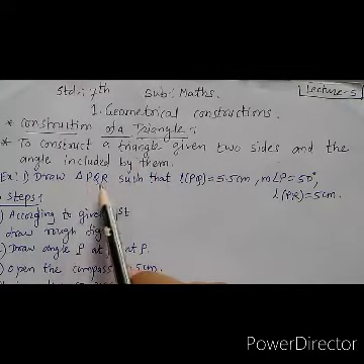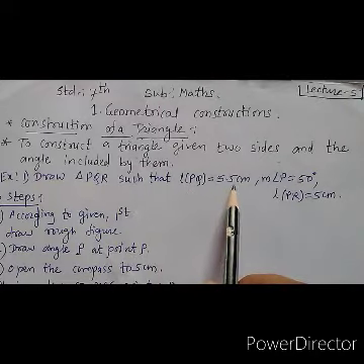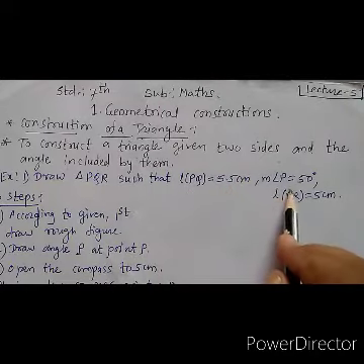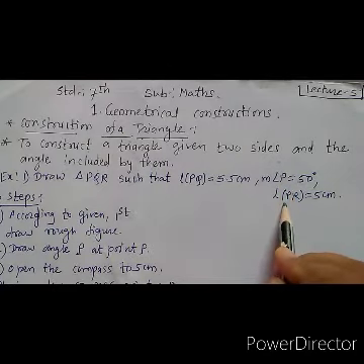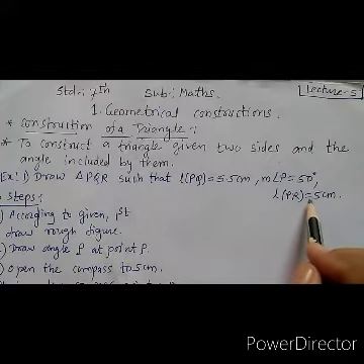Draw triangle PQR such that the length of PQ is equal to 5.5 centimeter, the measure of angle P is equal to 50 degree, and the length of PR is equal to 5 centimeter. So first we have to draw a rough diagram.